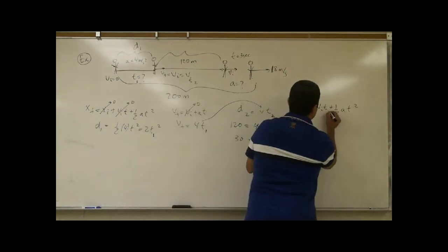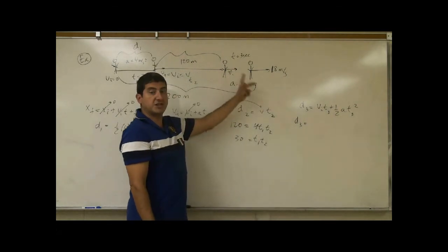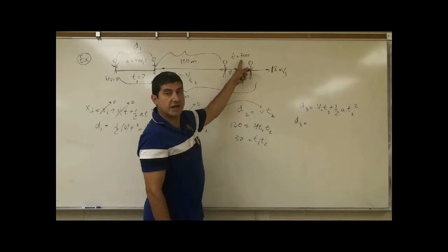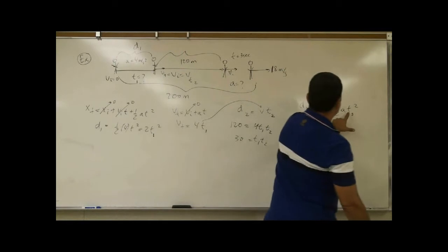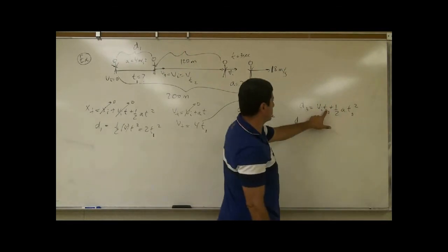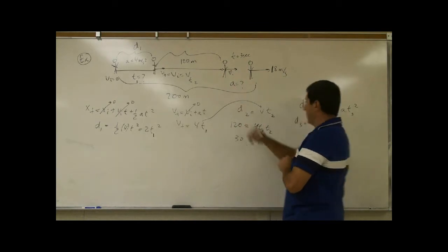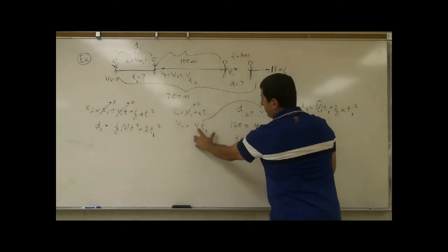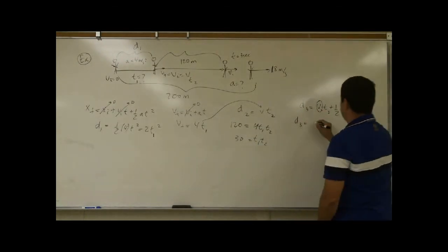This is T3. Right? This is the time for the third stage, but the problem has already told us the time for the third stage. It's 3 seconds. Right? So we put here 3 seconds and 3 seconds, but we don't know the acceleration. Right? We don't know this A. So I'm going to take V initial here, substitute it for T1 into here. Okay? So we have 4T1.